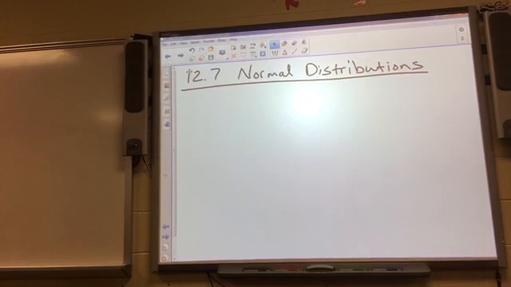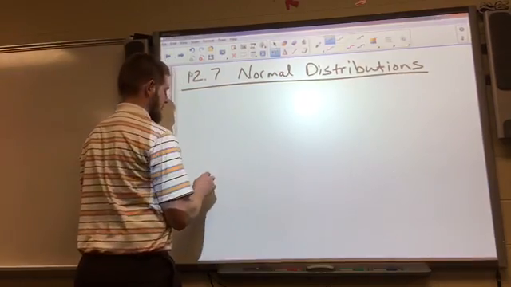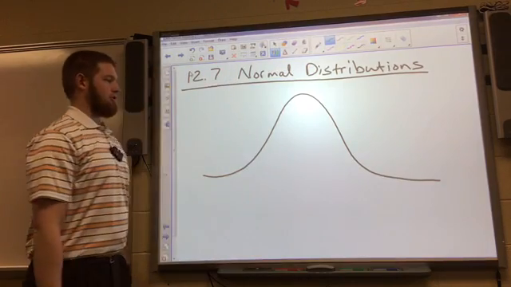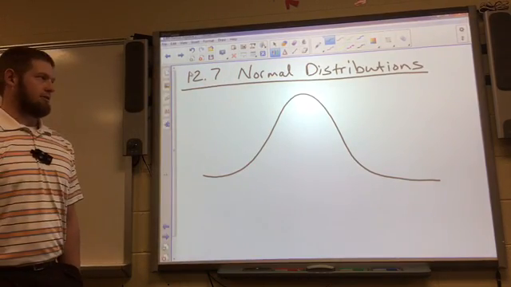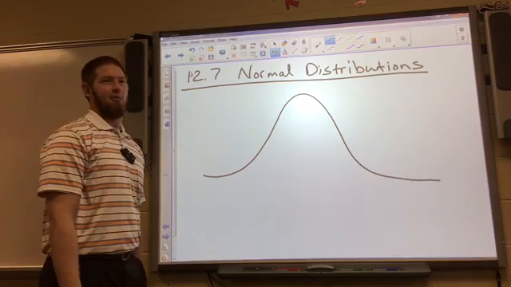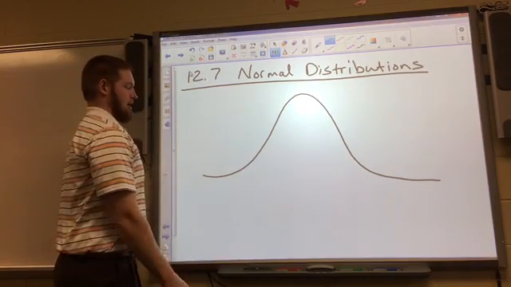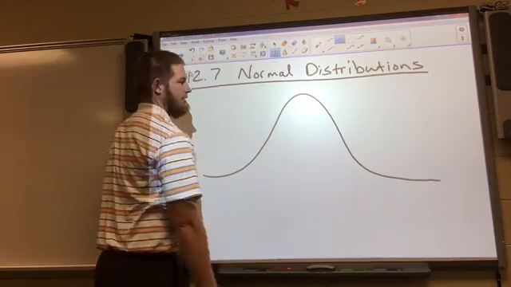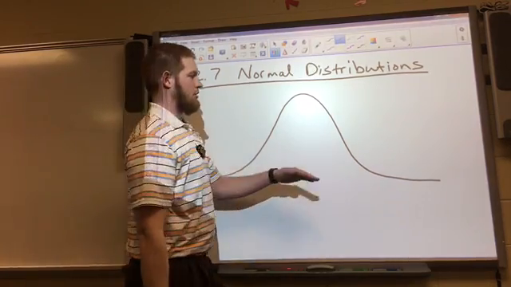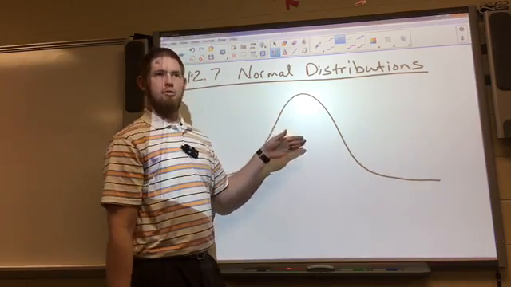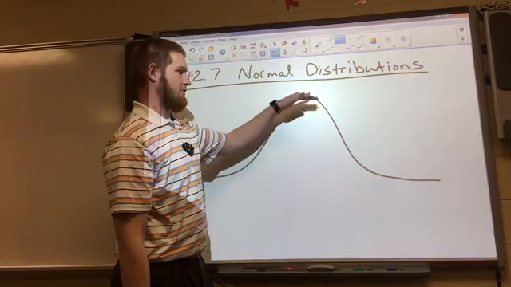So, the first thing, have you guys heard of the bell curve before? Basically, what a bell curve is, it's a curve shaped like not a cat. I was going to say a cowbell for some reason. It's shaped like a bell. Okay? And basically what this shows you is, maybe with test scores, what percentage of test scores should fall where.